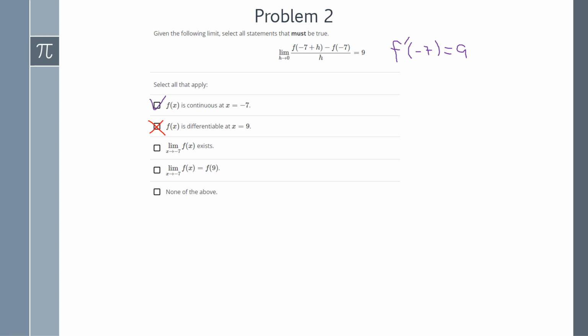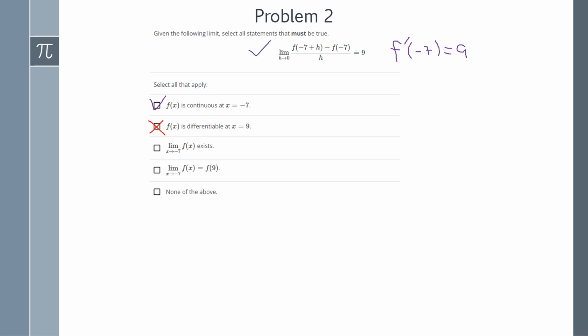That one says the limit as x goes to -7 of f of x exists. Well, let's see, what can we say here? We're going to refer to what we've already established. f prime at -7 exists.